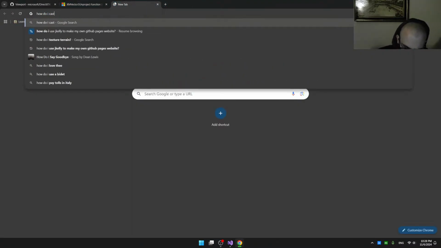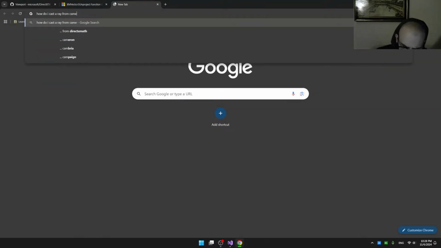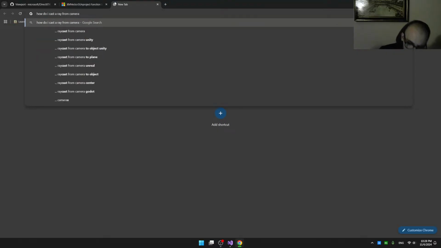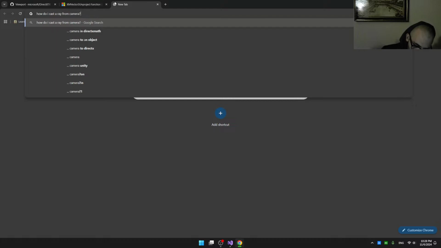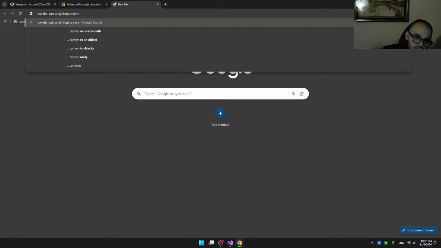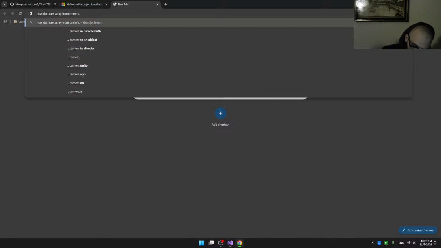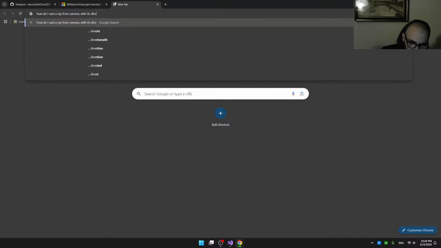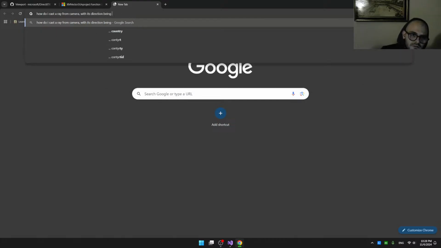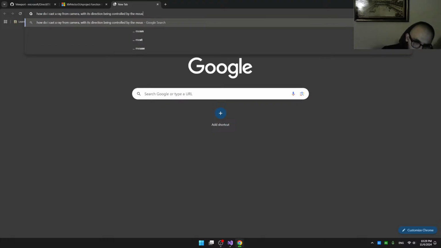How do I cast a ray from camera with its direction controlled by the mouse?